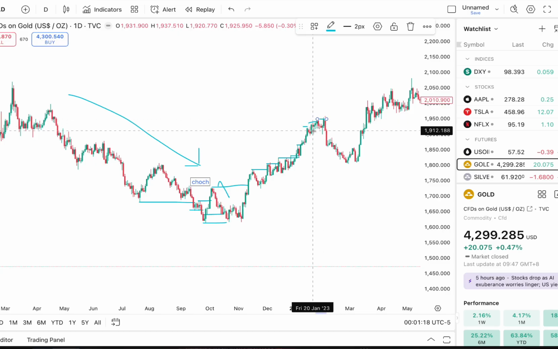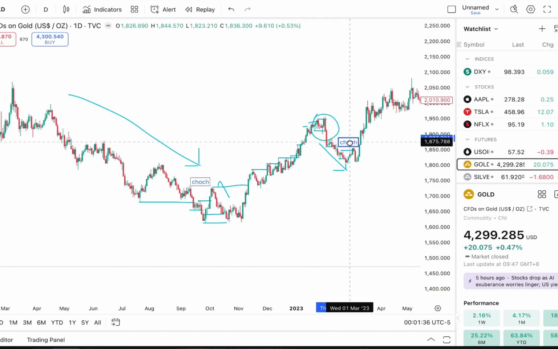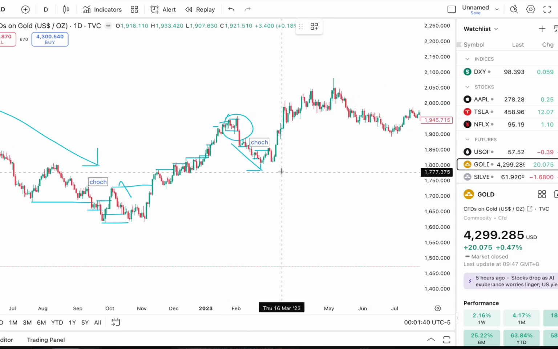And then the moment that high gets deviated, there's a CHoCH right there. Price has a mini correction, making lower lows, and then it breaks that high with a new CHoCH to the upside. And look, guys, once you see this, you can't unsee it.